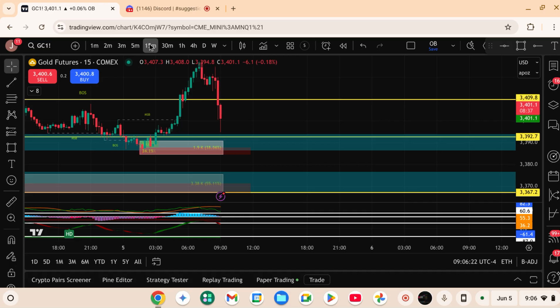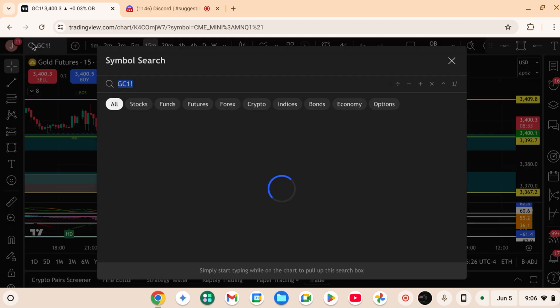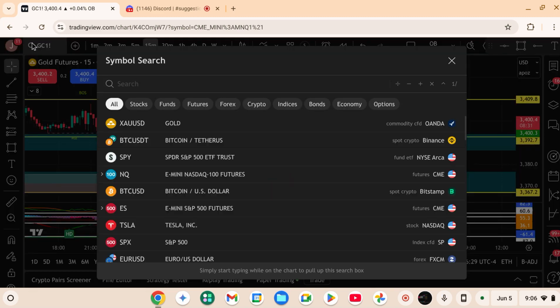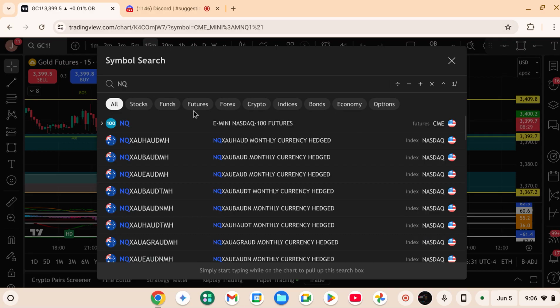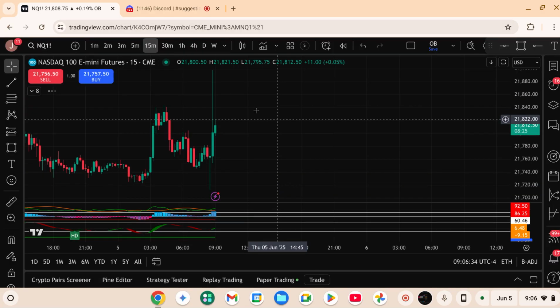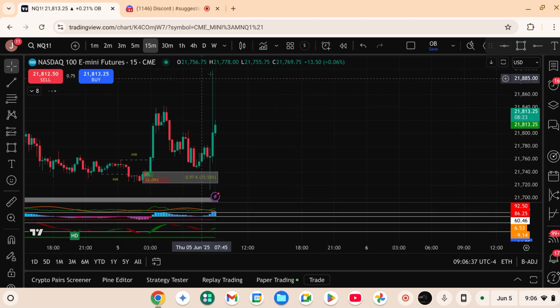Yeah, we're looking at gold today. Everything else looks kind of sloppy. Let me see what NQ looks like. Yeah, look at this wick here and this wick here.